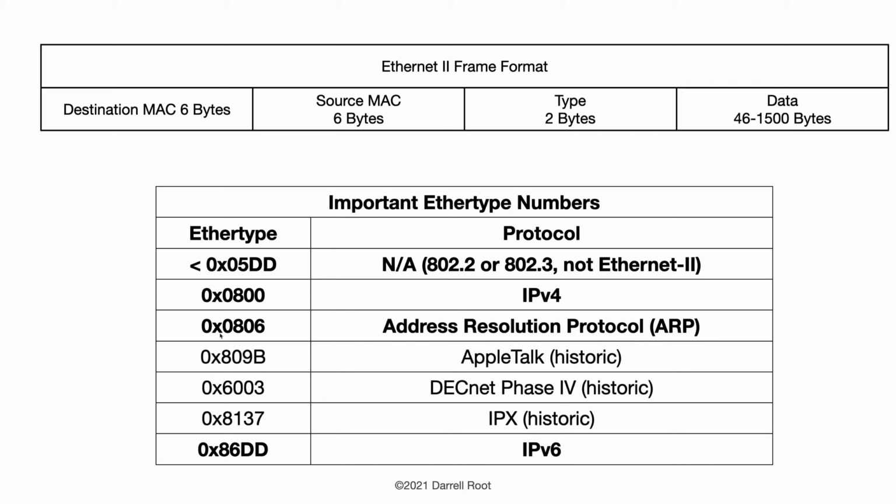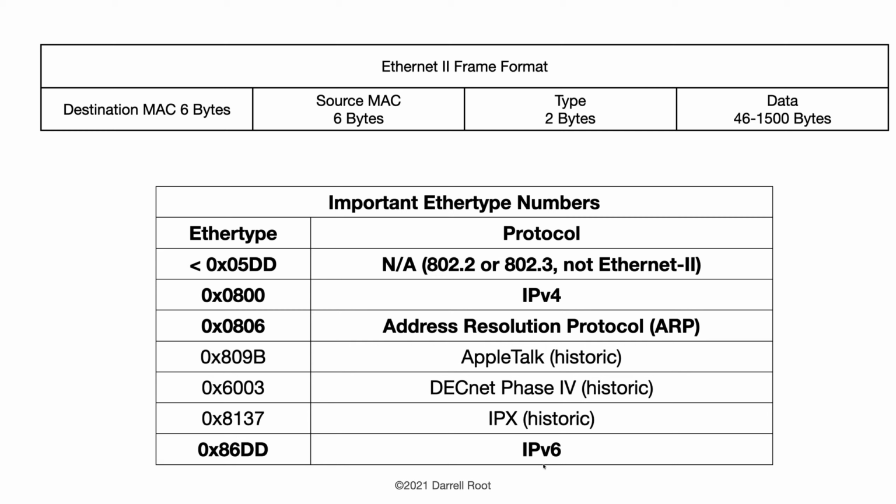If the type value is 0806 in hexadecimal, then the data is interpreted as address resolution protocol, which we'll learn about later. There are multiple other historic types. AppleTalk is historic, DECnet is historic, IPX is historic. If the type value is 86DD in hexadecimal, then the data is interpreted as IP version 6.